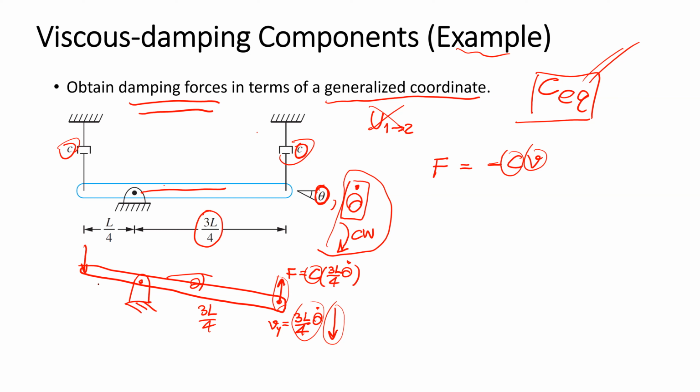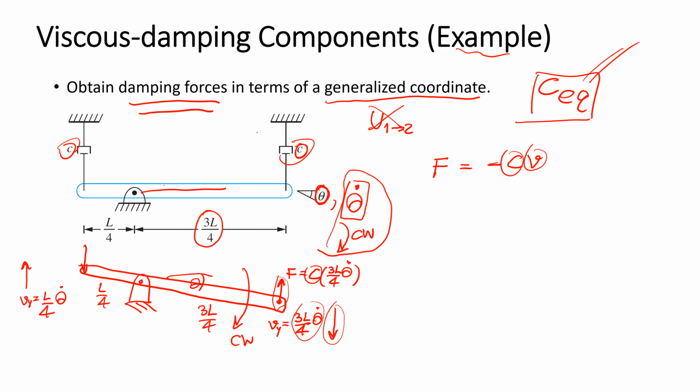How about on this side? The bar rotates clockwise, so on this side the velocity will be upward, and Vy equals L/4 multiplied by the angular velocity.